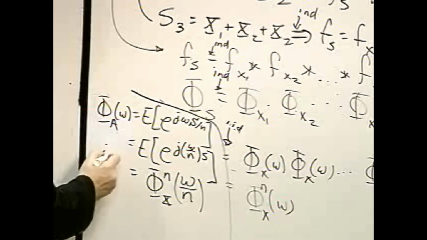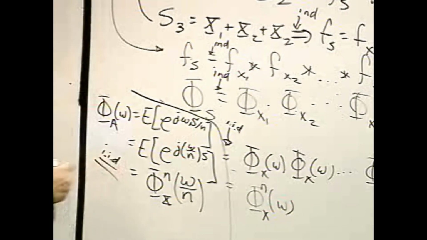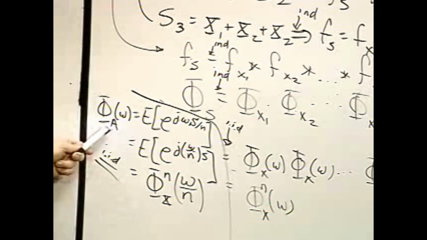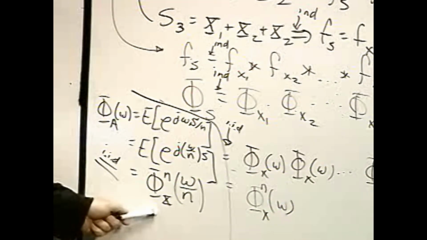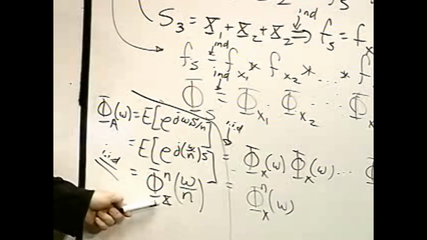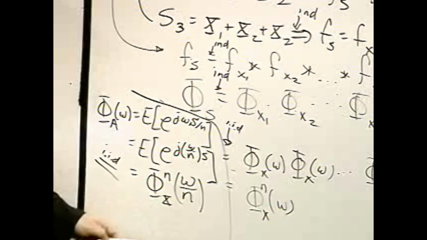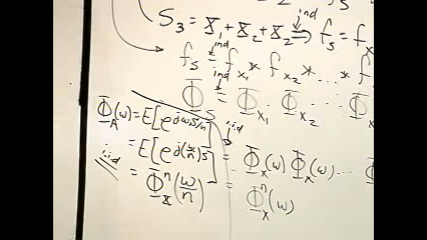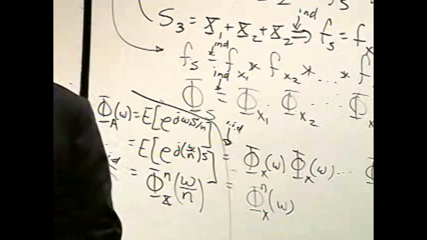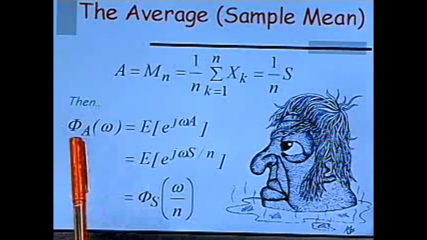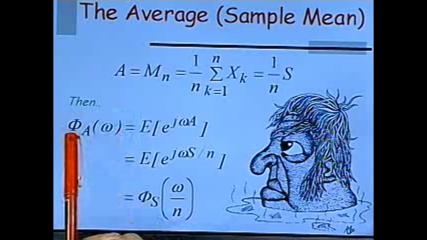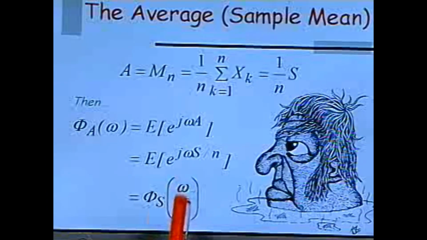And again, it's important to put that constraint upon the problem. That is the characteristic function of the average of the random variables in relationship to the characteristic function of an individual component of the IID sum. The phi sub a is equal to phi sub s of omega over n.